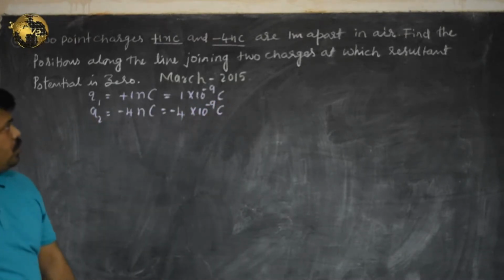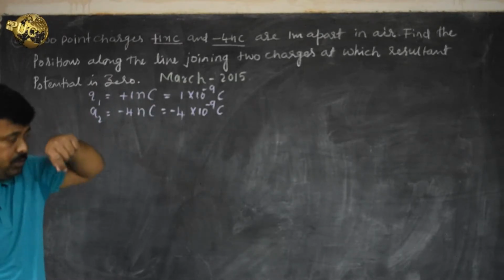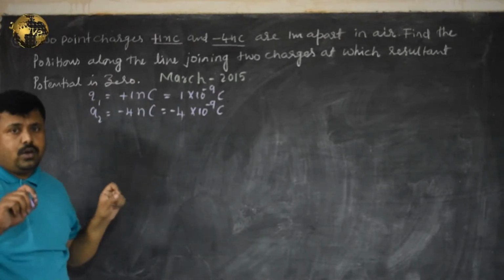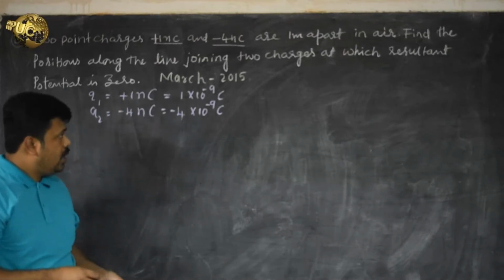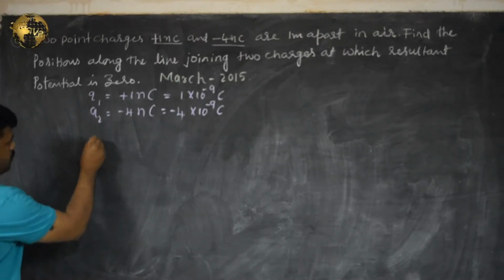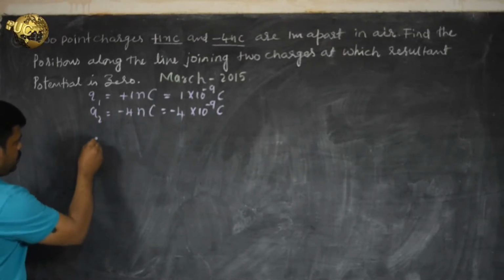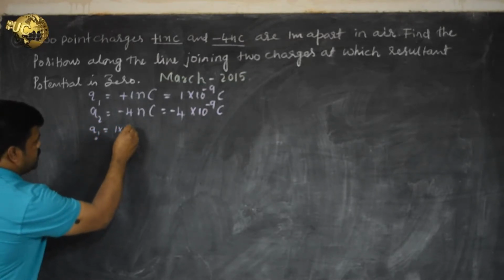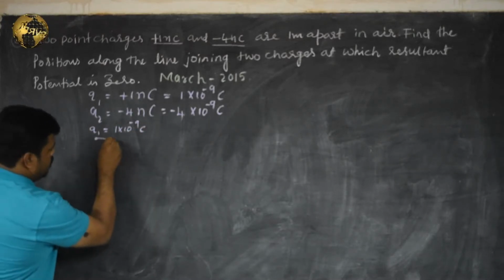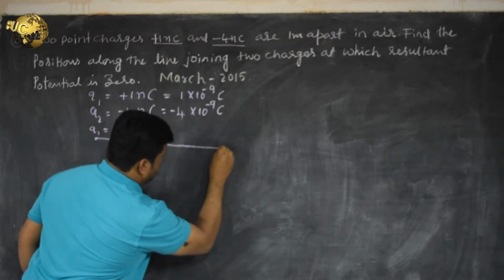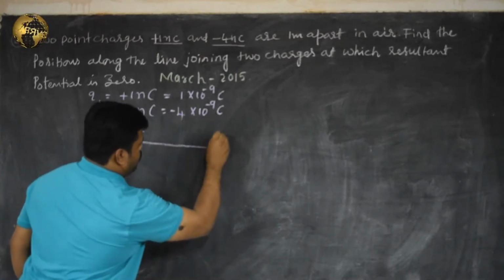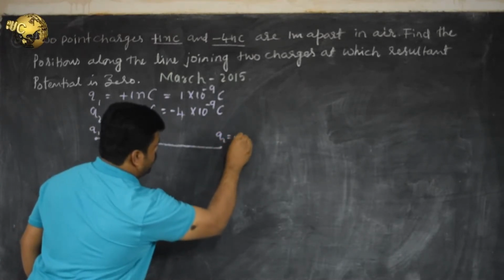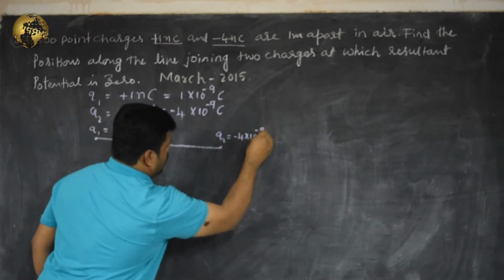So Q1, Q2 are 1 meter apart. That means 2 charges are placed 1 meter apart. Let me write that diagram here. So this is our Q1, 1 into 10 to the power minus 9 coulomb, and let's say this is Q2, that is minus 4 into 10 to the power minus 9 coulomb.